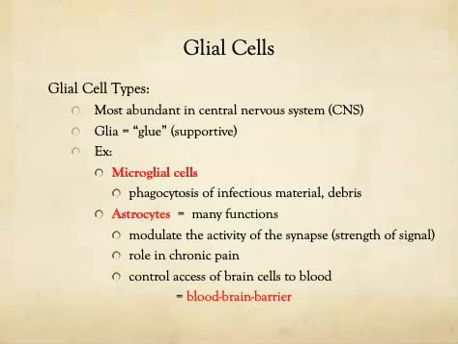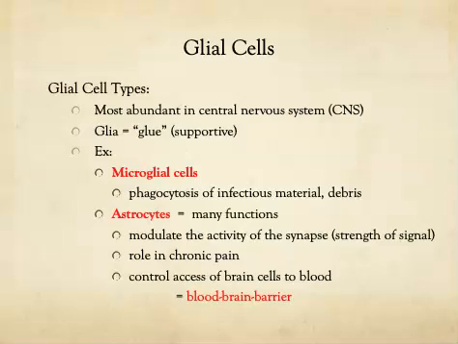Glial cells are the most abundant type of cell in the brain and the spinal cord. This term glia just means glue. These cells got their name because we used to think that they were just holding everything together. But we now understand they do much more.